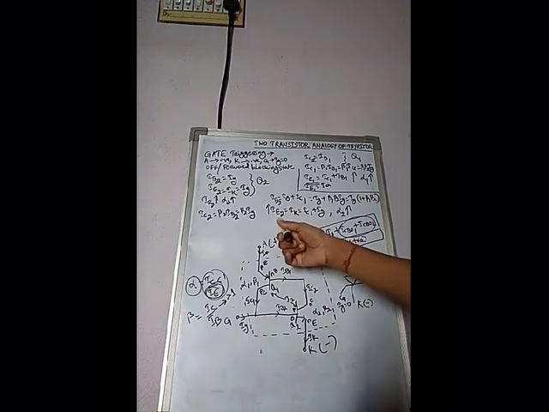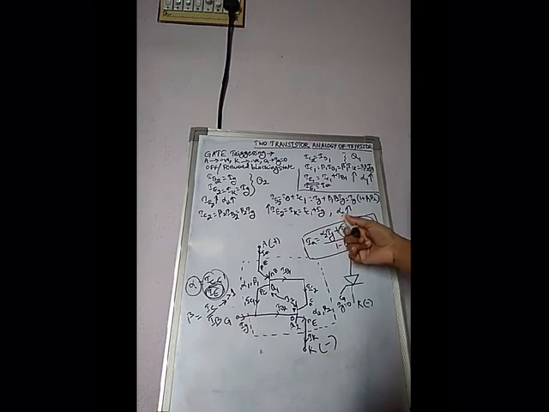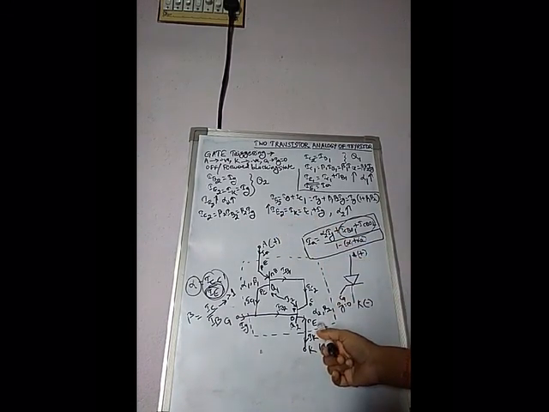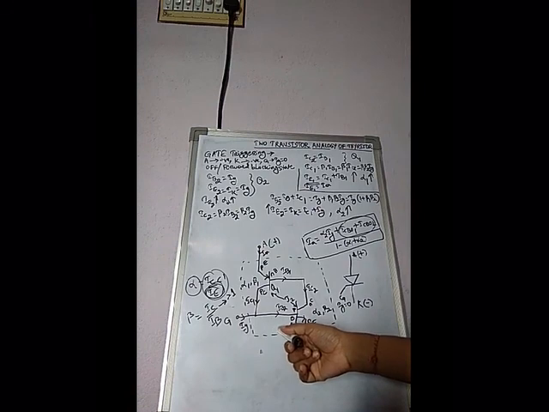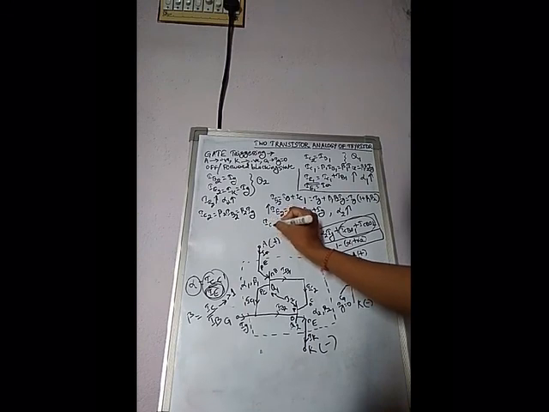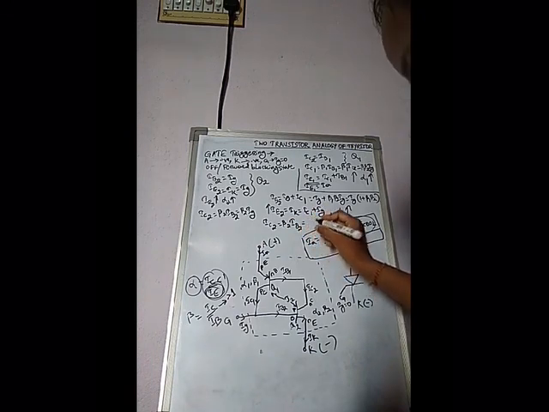With the rise in emitter current for Q2, IE2, there is a rise in the alpha 2 value. Once alpha 2 rises and IE2 is established, IB is developed. Here IE2, IB2, that means once there is IB2, there is also IC2, which is equal to beta 2 into IB2.